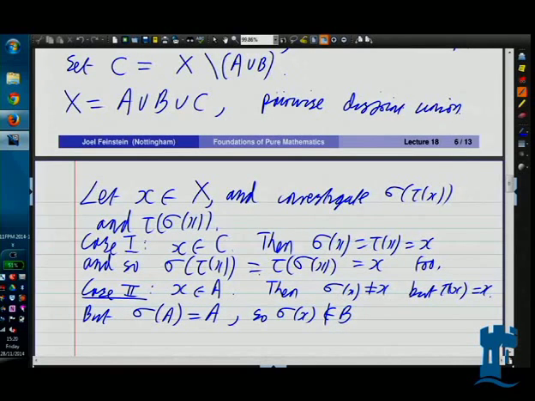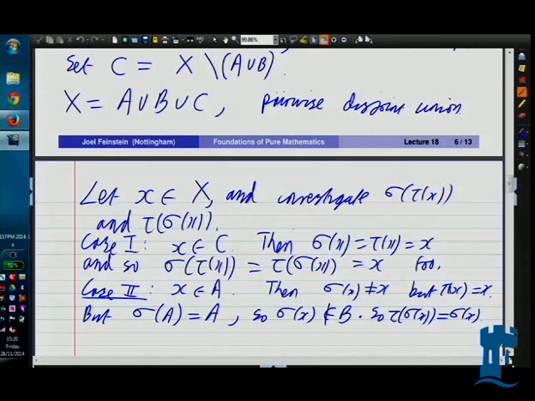Sigma of x not in B means that tau of sigma of x equals sigma of x too. Remember, B is the ones that are moved by tau, so if you're not in B, you're not moved by tau. So sigma of x not being in B means that tau of sigma of x is going to be sigma of x.